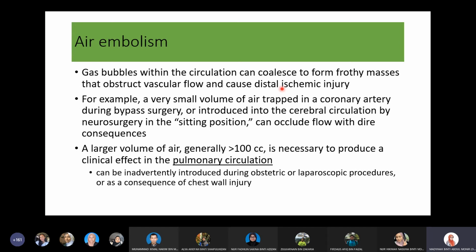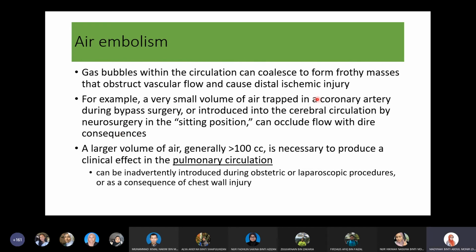For example, a small volume of air trapped during coronary artery bypass or during a neurosurgery operation whereby the patient is in a sitting position can introduce a small volume of air into the cerebral circulation, and this can occlude either the cerebral or the coronary circulation, and it will cause fatal consequences.